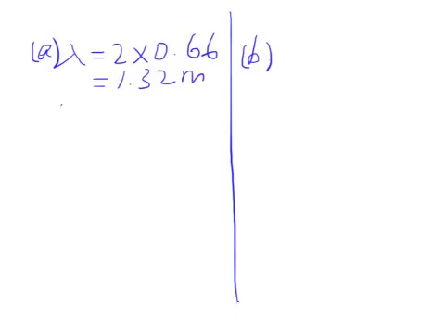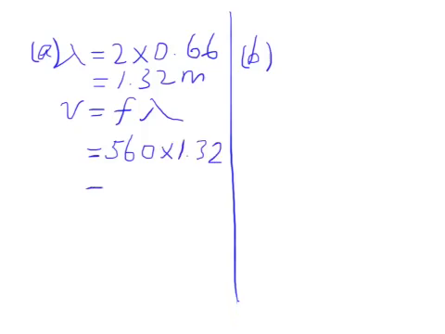And the speed is equal to frequency times the wavelength. Frequency is 560 times the wavelength, which is 1.32, and it comes to 739 meters per second, to 3 significant figures.